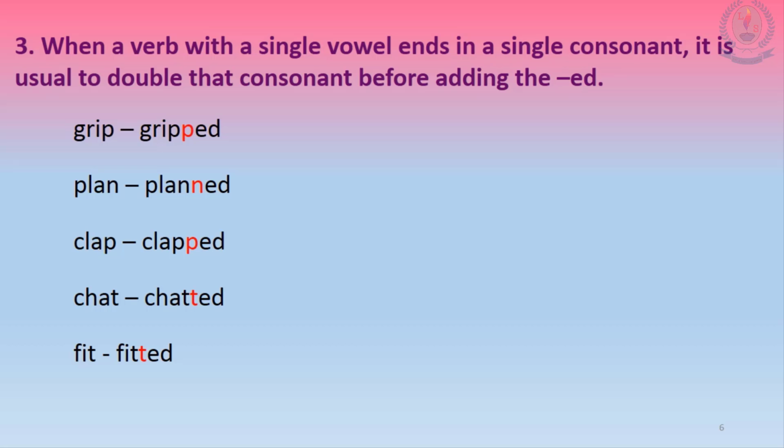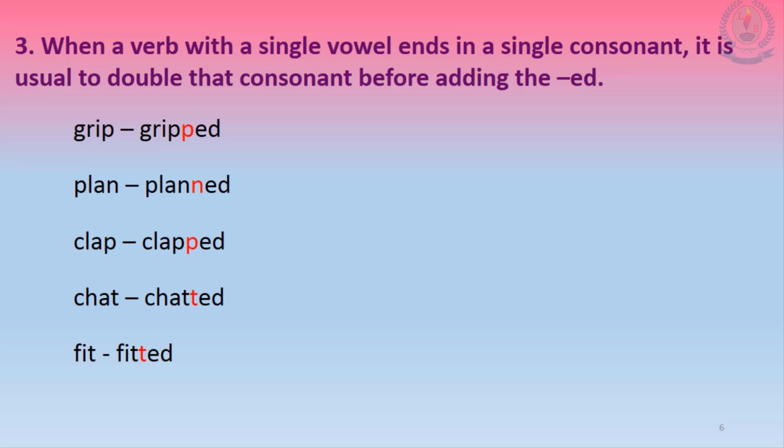If it ends with a single consonant sound with a single vowel, like grip, ip, it's a monosyllabic word. When we add ed, we need to double the last letter and we add ed. Grip, gripped; plan, planned; clap, clapped; chat, chatted; fit, fitted.